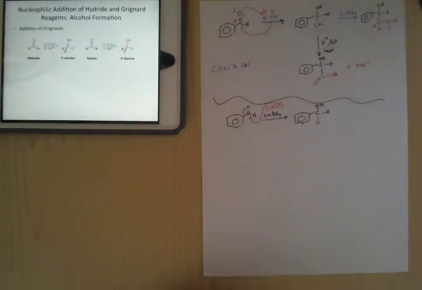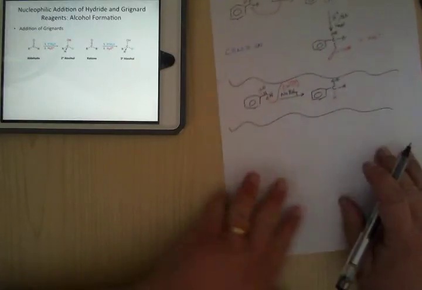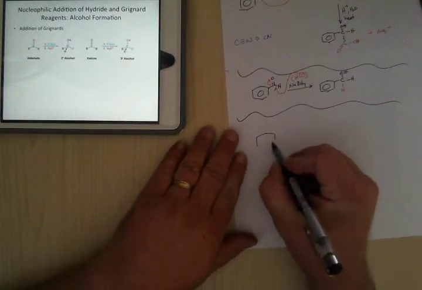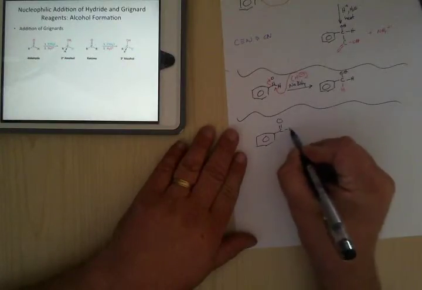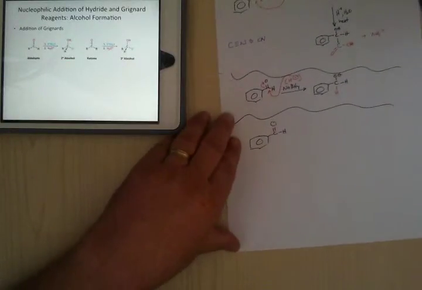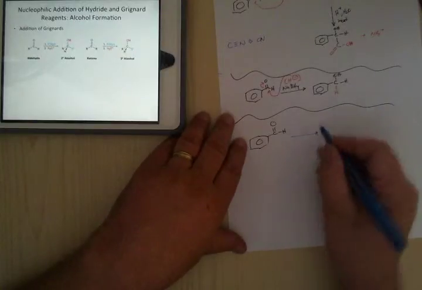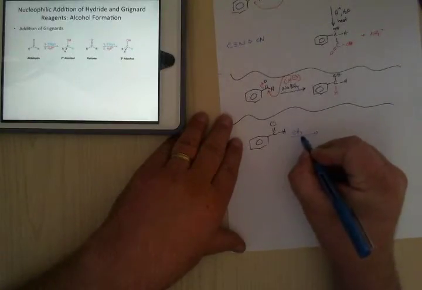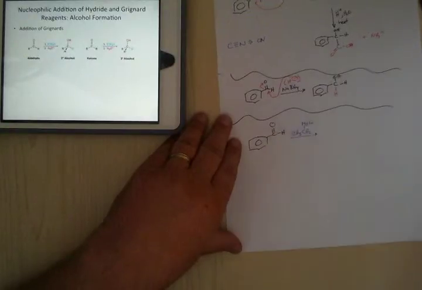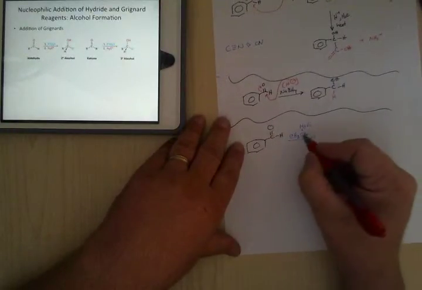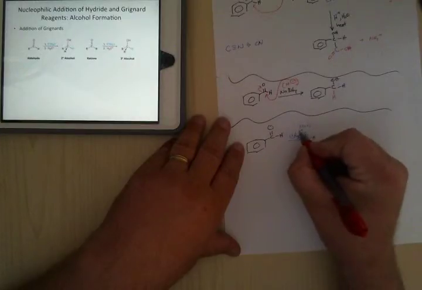Okay, so for Grignards, these are carbon compounds, so these are carbanions. If you had something simple like ethyl Grignard, CH3, CH2, MgBr, remember where this is attached, that's a minus.